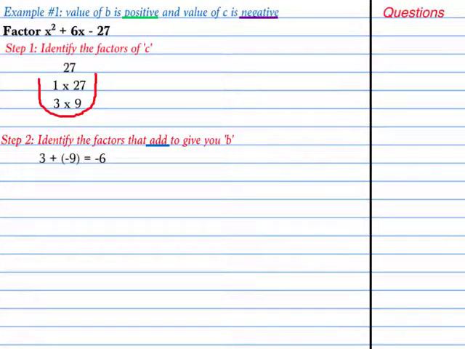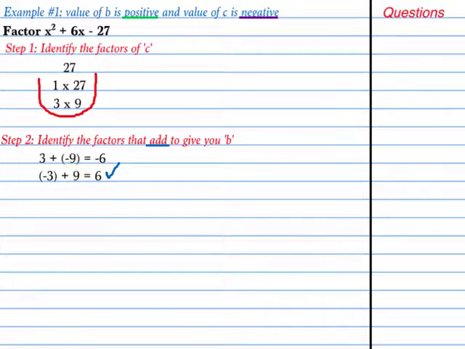If I try 3 plus negative 9, it gives me a negative 6. And when I look at my b term, it needs to be a positive 6. So that's not going to be the combination I'm looking for. When I do negative 3 plus 9, however, that does give me a positive 6. So that's the combination. So once I have the right factors, negative 3 times 9 gives me a negative 27.